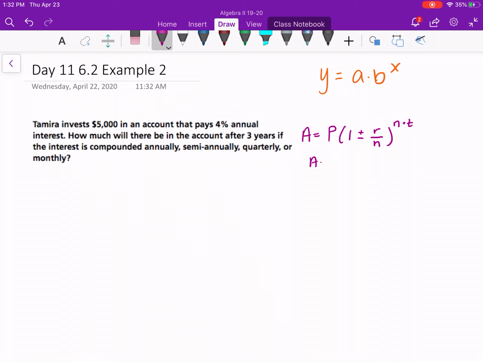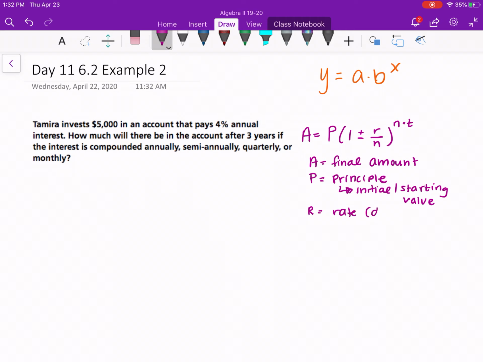So A stands for the final amount, the same way that Y always did. P is our principal amount. Not principal like principal of a school, but principal meaning initial or starting value. I don't know why they switched up the letters. I didn't make the rules, but alas, here we are. The R stands for rate, and as always, we know that rate is going to be in the form of a decimal.